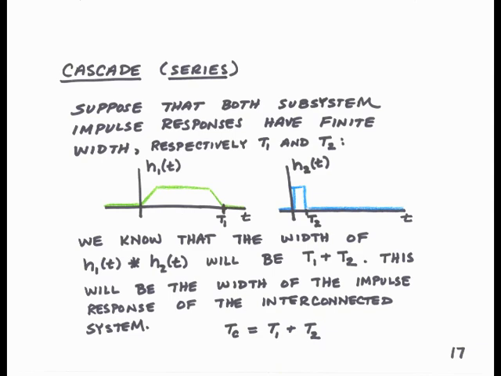We know the width of the convolution of H1 of T and H2 of T will be T1 plus T2. This will also be the width of the impulse response of the interconnected system. So, the width of the interconnected system's impulse response, which we'll denote T sub C, will be equal to T1 plus T2.